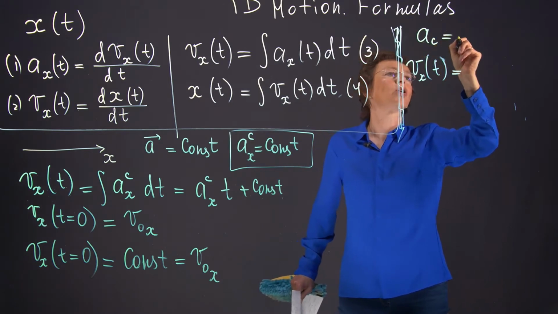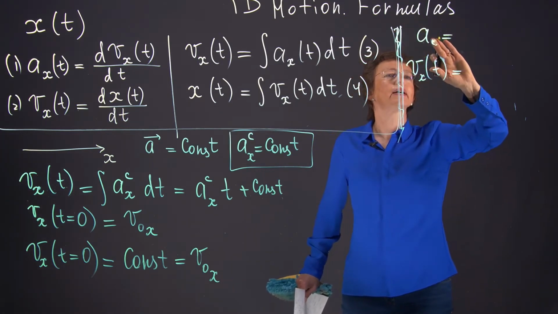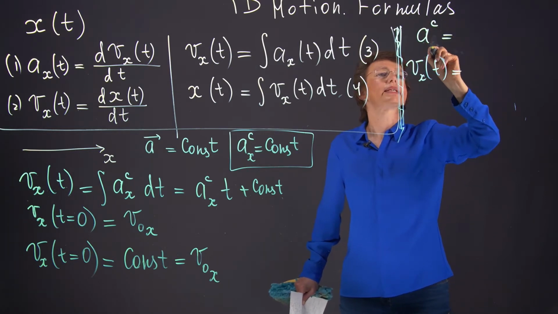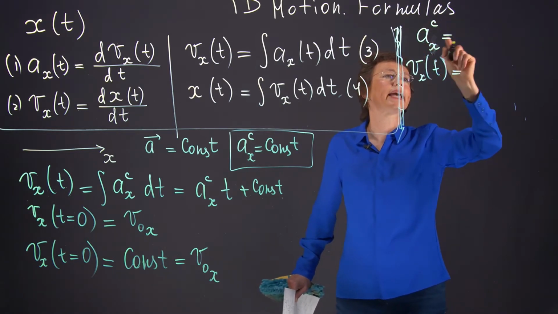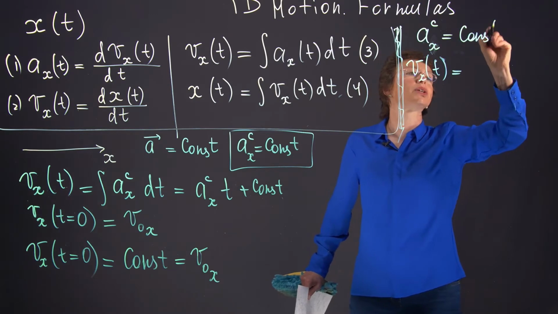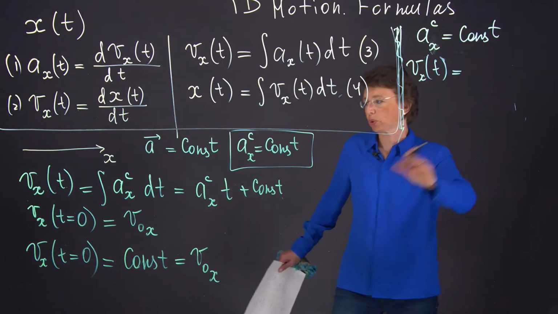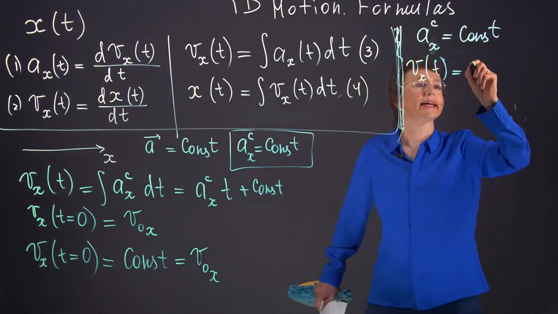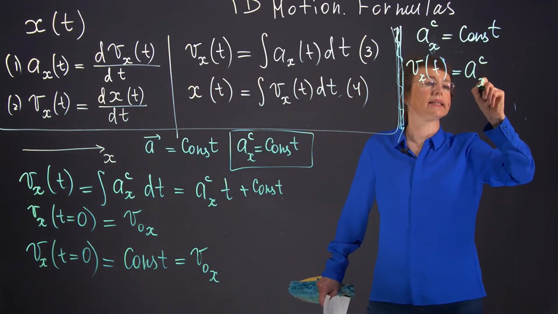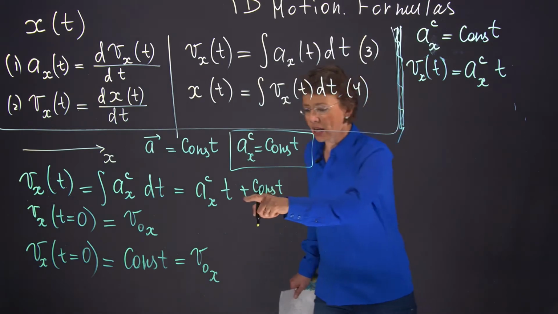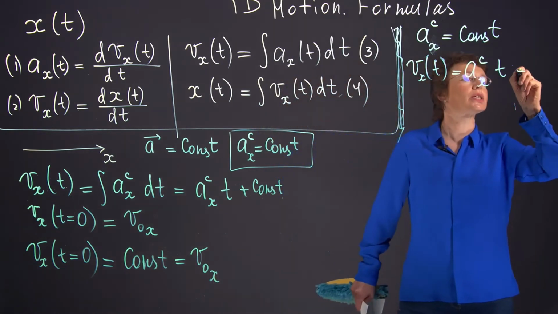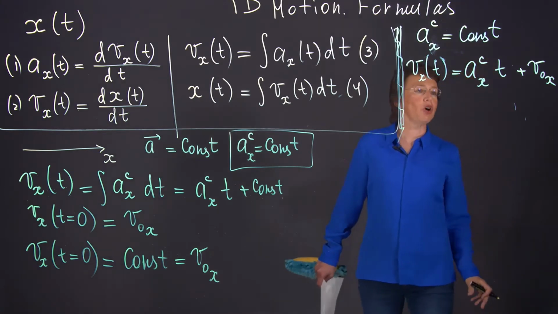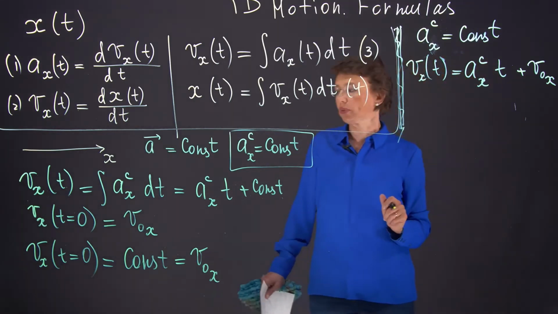Nothing wrong about what I did, but I want to rewrite it without unnecessary symbols. a constant x is constant. We have this constant acceleration. Then what is vx as a function of time? Okay, it is a cx component times t plus constant, which is v naught x, the projection of initial velocity.